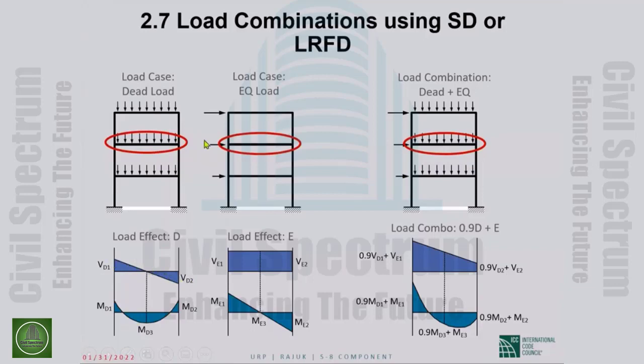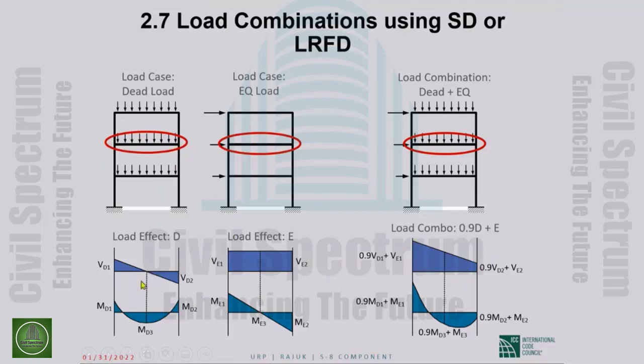These are the shear forces. If we consider earthquake loads on the same frame and consider the same beam, the earthquake forces cause shear like this and bending moment distribution like that.